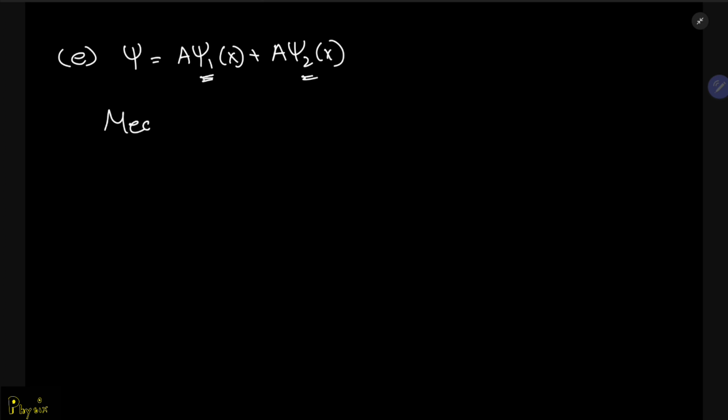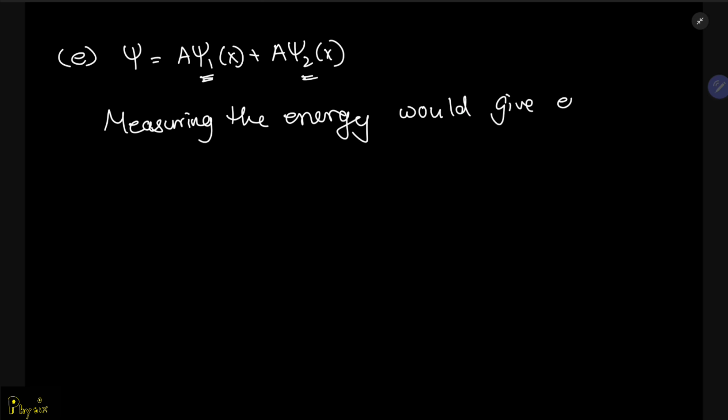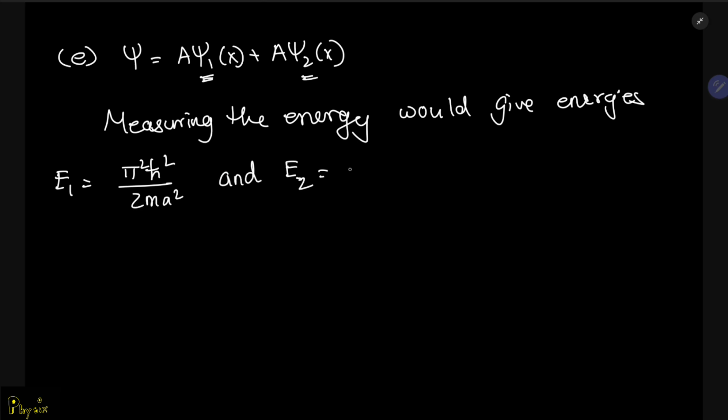So we write down that measuring the energy would give energies E1, which is equal to pi squared h bar squared all over 2 ma squared, and E2 being pi squared h bar squared times 4 all over 2m a squared. And their respective probabilities are its coefficients but squared, right?